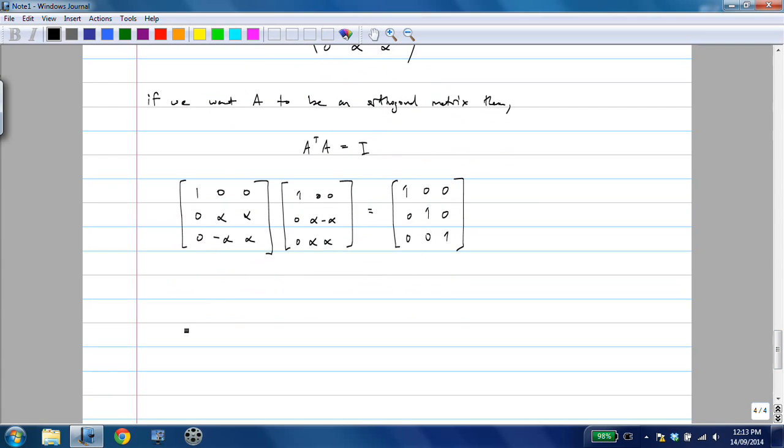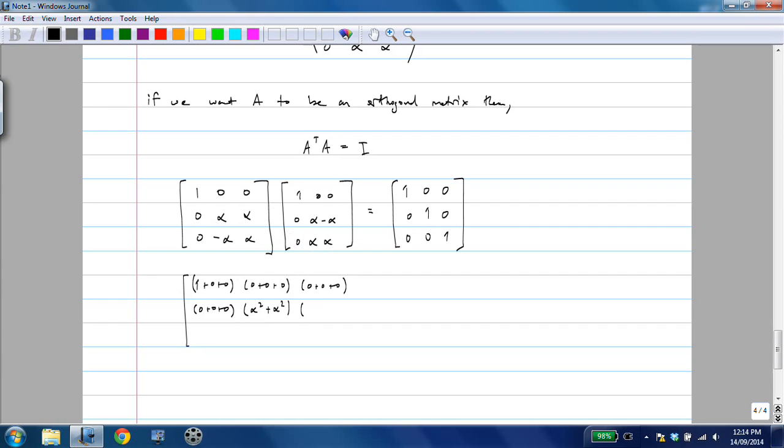Okay. So let's do this matrix multiplication. When we carry out this matrix multiplication, we'll get the following. We'll have just 1 plus 0 plus 0 for the first element, and we'll get a 3x3 matrix. We'll get 0 plus 0 plus 0. And we'll get the same thing for the next one. And for this row multiplied by this column, we also get 0 plus 0 plus 0. And then we'll get alpha squared plus alpha squared, sorry, that should be a plus.